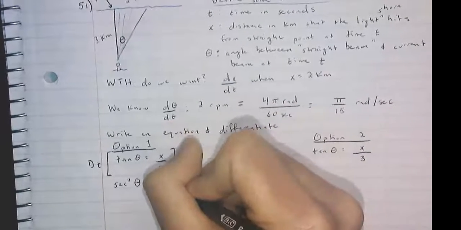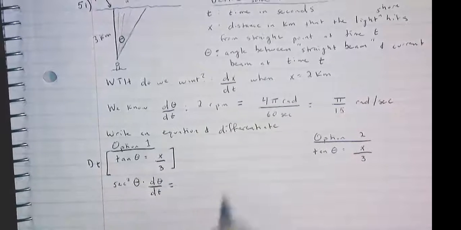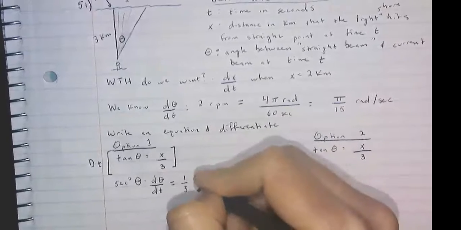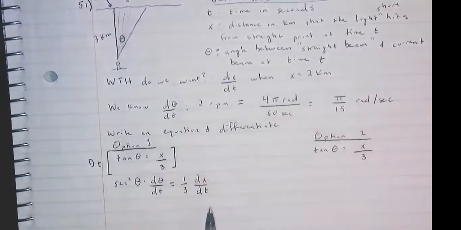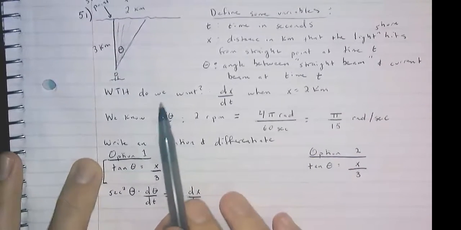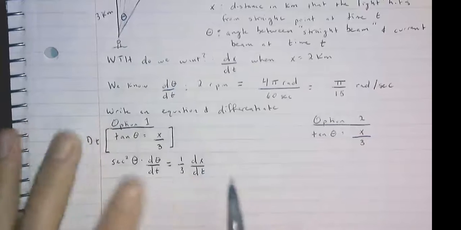On the right side, differentiating 1/3 x with respect to t gives us 1/3 dx dt. And oh happy day, dx dt is the thing we want. We want dx dt.